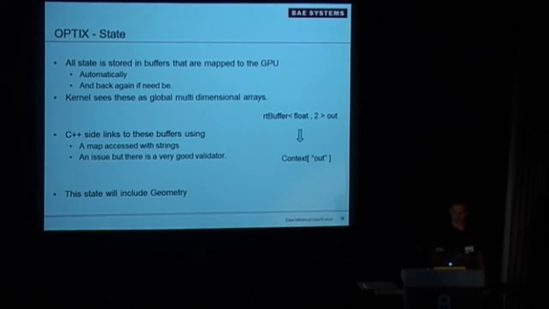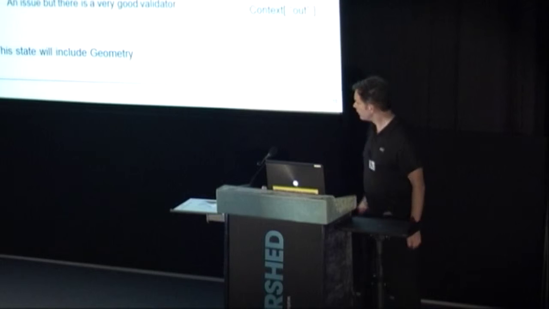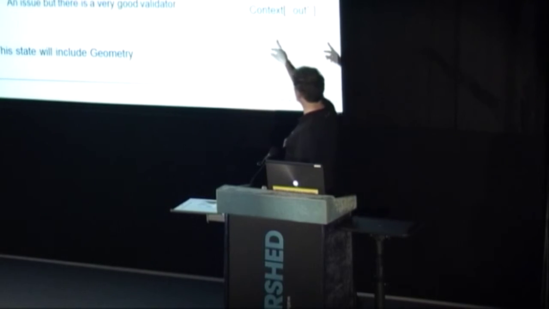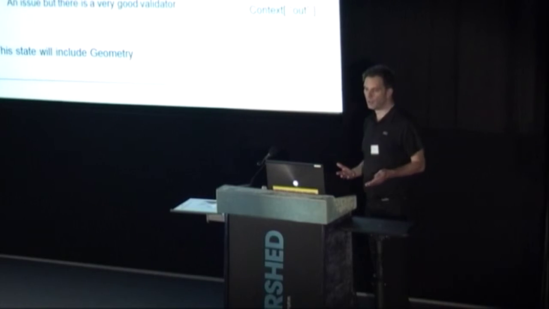All state is stored in buffers that are mapped to the GPU, so from a programming point of view, it doesn't feel as complicated as doing a memcpy from the CPU to the GPU. On the GPU side, I use an rtBuffer, which is a sort of template, a 2D float array, and on the CPU side, I use a string which accesses the context, and that returns me the same buffer.